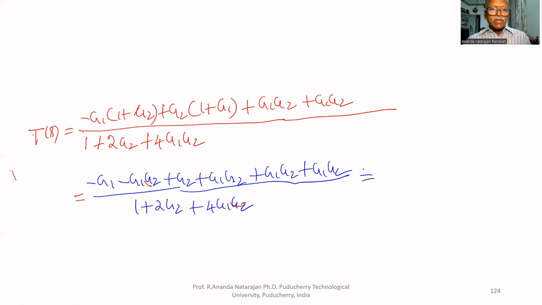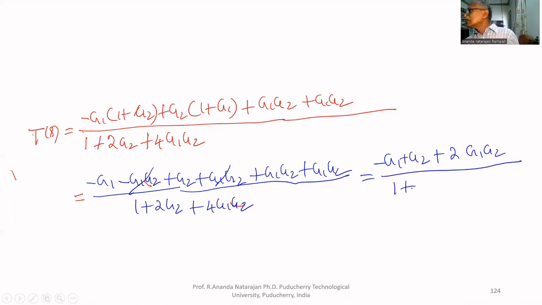That is equal to the numerator, with these two getting cancelled. Therefore, (minus G1 plus G2 plus 2 G1 G2) divided by (1 plus 2 G2 plus 4 G1 G2). That's all.